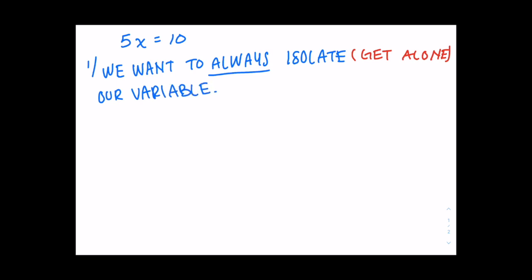We want to isolate the variable that we want. So we have 5x equals 10, and when we want to isolate the x, we have to divide by 5 from both sides to get our x alone.